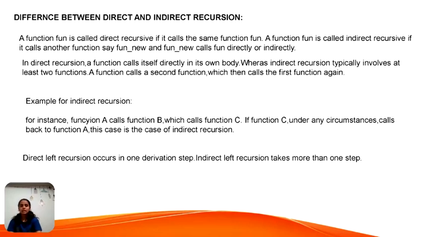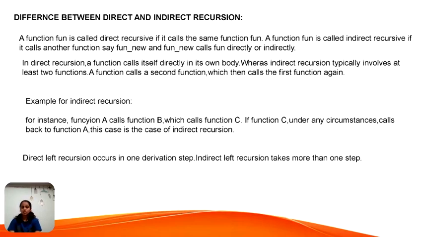We'll also see direct and indirect recursion differences. A function is called direct recursive if it calls the same function. A function is called indirect recursive if it calls another function, say function new, and function new calls the first function directly or indirectly.